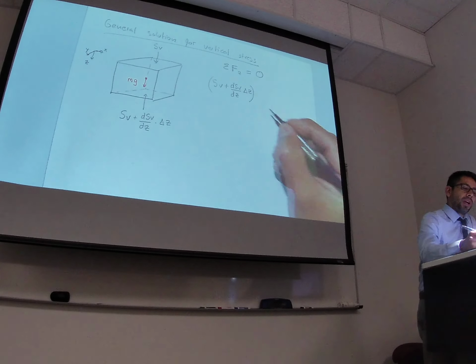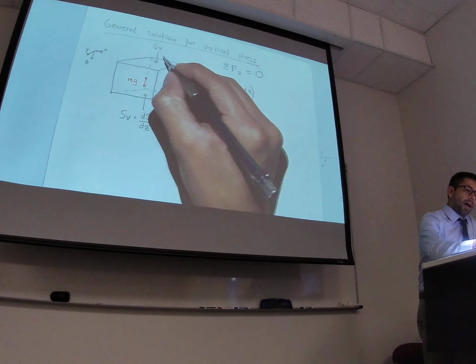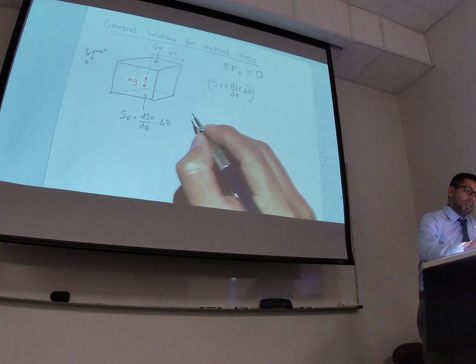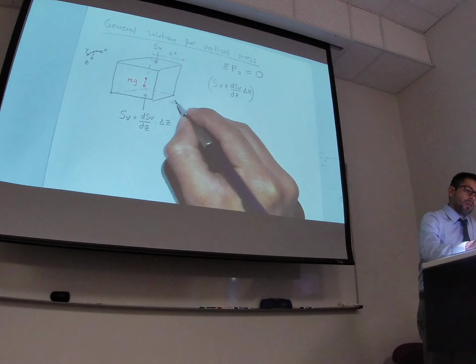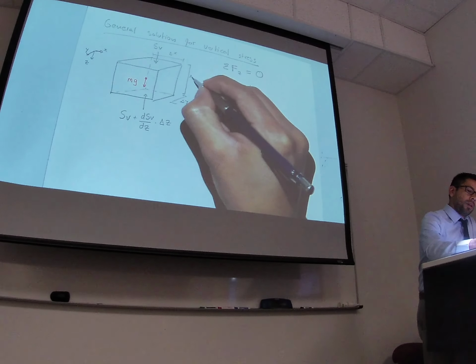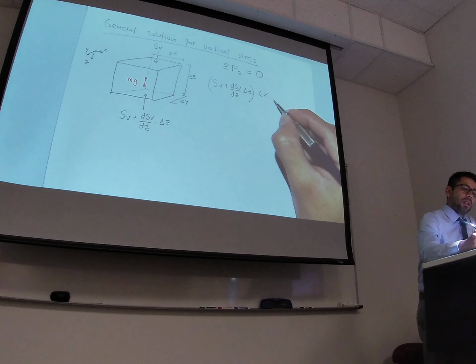And if this is stress, what do you think I should multiply by? Area, right? So the size of this cube is delta x in this direction, delta y in this direction, and delta z. So here I'm going to multiply times the area, which is delta x times delta y.